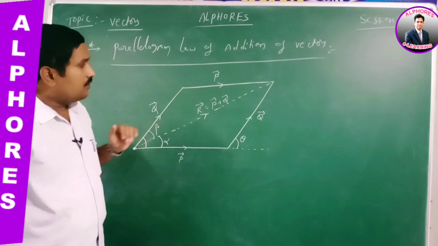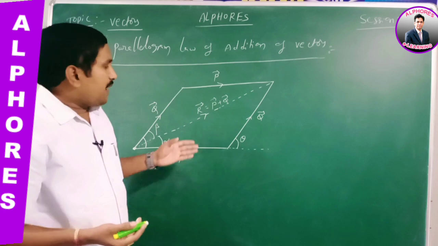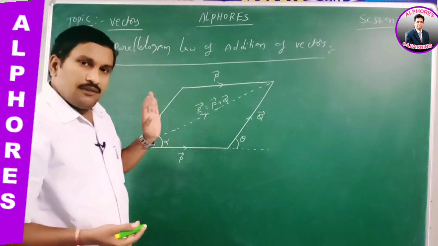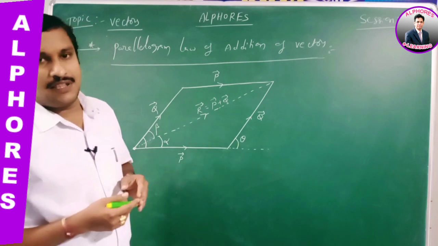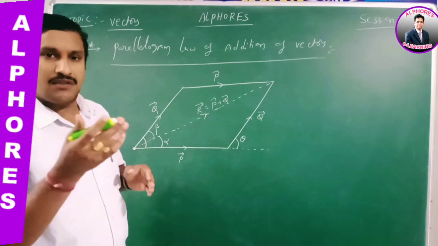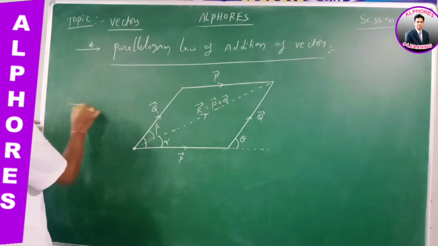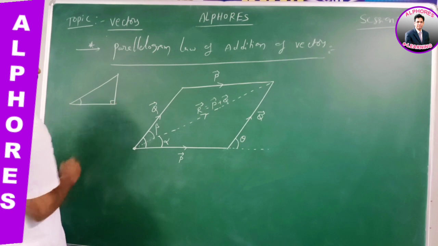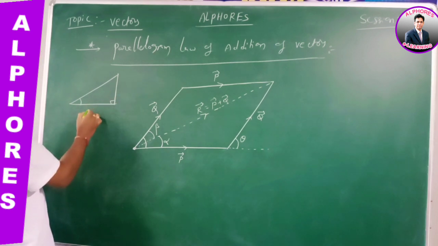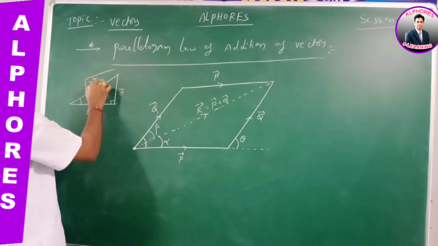Okay. So by taking this parallelogram, we don't know the mathematical rules for these triangles. If you know the right angle triangle, we apply the Pythagoras theorem in order to get the hypotenuse. Hypotenuse square is equal to side square plus side square. For example, if this is the right angle triangle with sides x and y, the hypotenuse is root of x square plus y square.